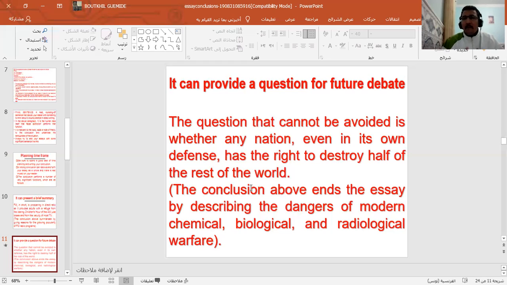And then the future question is, if any nation holds these dangerous modern weapons in order to be powerful, should this nation use these dangerous weapons in order to get more strength?